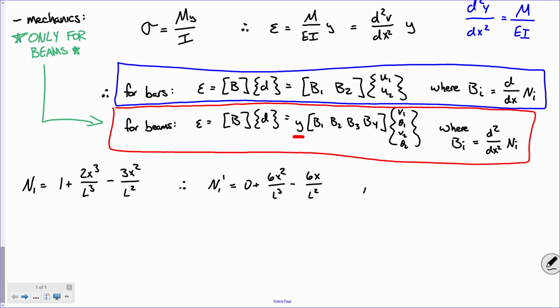And then N1 double prime is, so the 0 we can ignore, 6x squared, that's 12x over L cubed, minus 6 over L squared. Everybody all right with that?